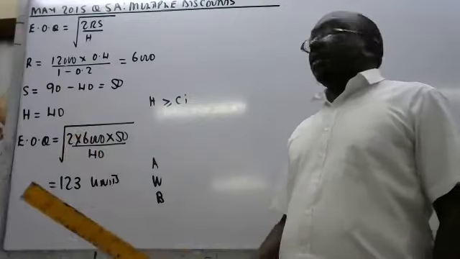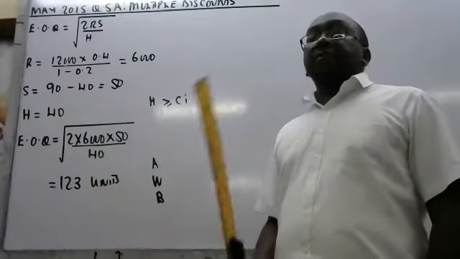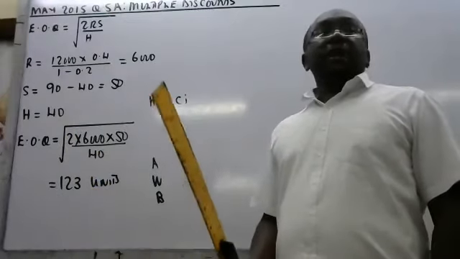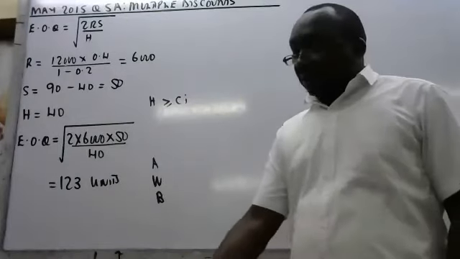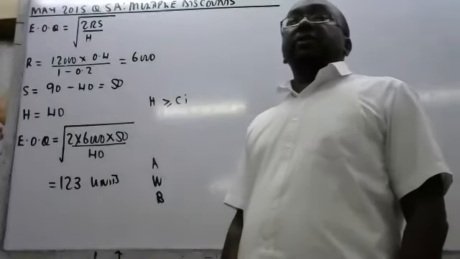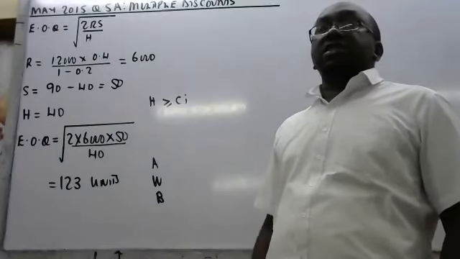Our computed EOQ has been found below, so the policy says you work with the lower limit. These values given here are lower limits, so those are the ones we are going to work with.